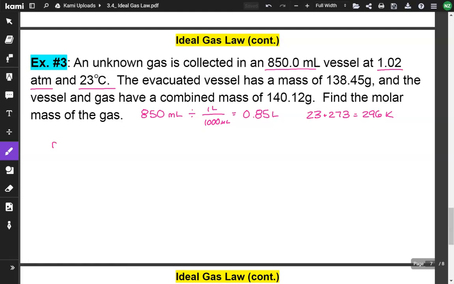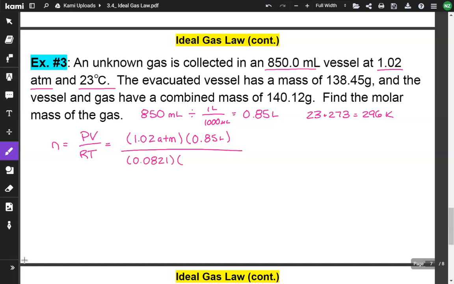So if I rearrange my equation for n, I get PV over RT. Let's plug in what we have. So our pressure, 1.02 atmospheres. Our volume, 0.85 liters. Our proportionality constant, and then our temperature is 296 Kelvin. So here, if we solve for n, we get 0.0357 moles.